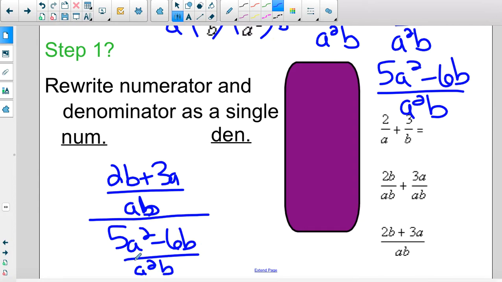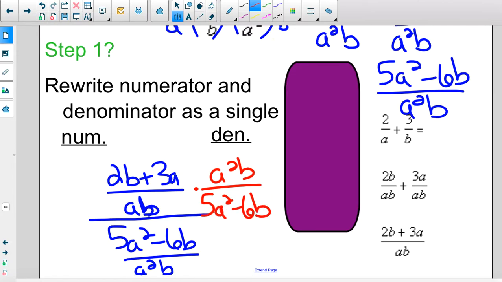So the next step is, instead of dividing by this fraction, I'm going to multiply by the reciprocal. So the reciprocal is going to be a squared b over 5a squared minus 6b.